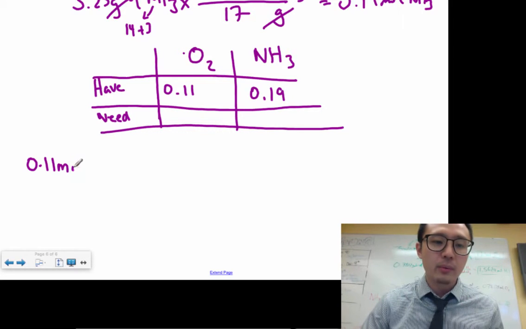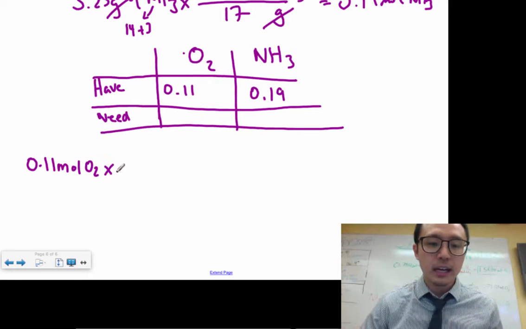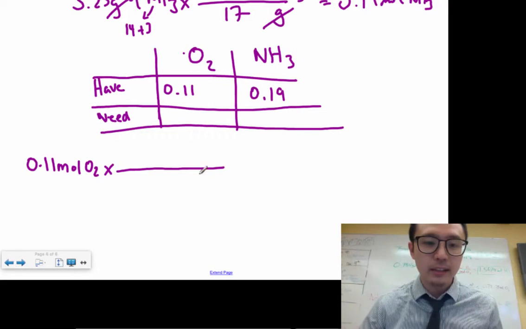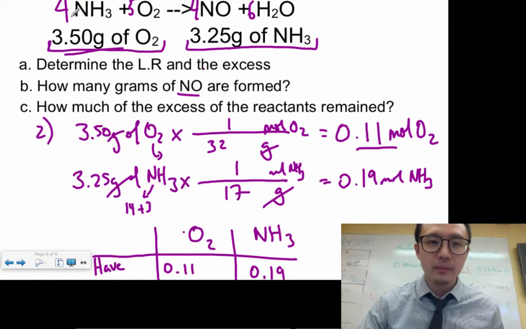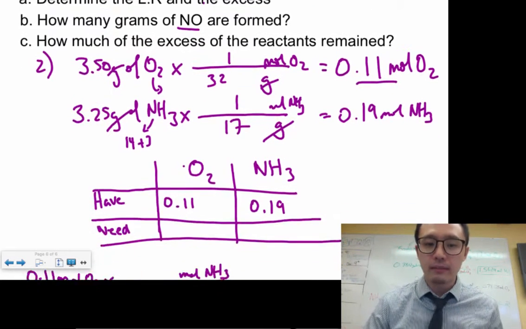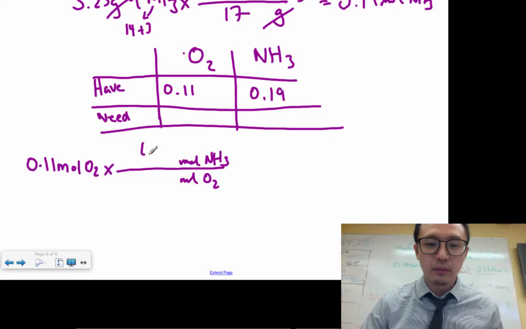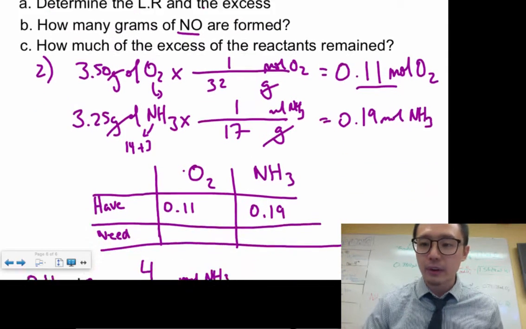So 0.11 moles of O2 times division bar. This is all stoic steps, so this is all molar coefficients. So moles of O2 and then moles of NH3. I need to go back up to look at my molar coefficient of NH3 and O2. So it's 4 to 5 ratio. I think I got that right. So 4 to 5 ratio, that's right.